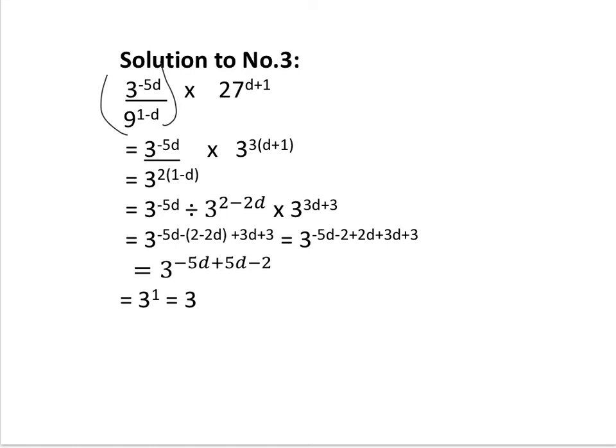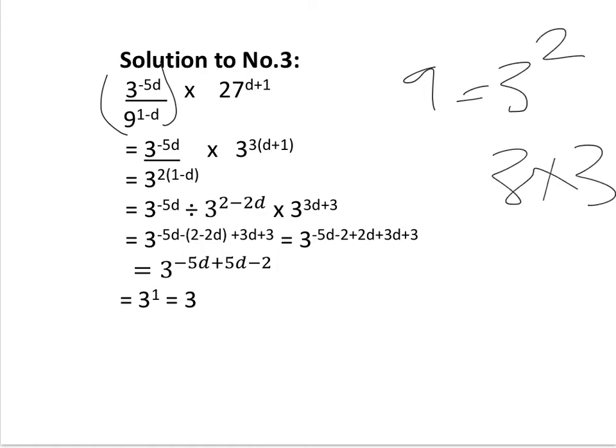So we solve 3 raised to power minus 5d all over 3 raised to power 2 bracket 1 minus d. Remember that 9 is equal to 3 raised to power 2, that is 3 times 3.